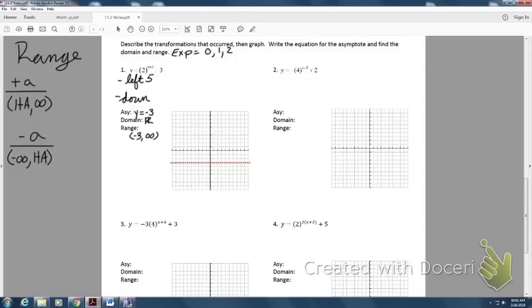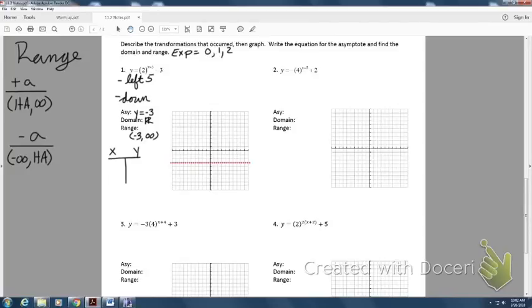Okay, so looking at this, what is my exponent on this problem? Dalton, what is my exponent? X plus 5. So what value of x would make my exponent 0?